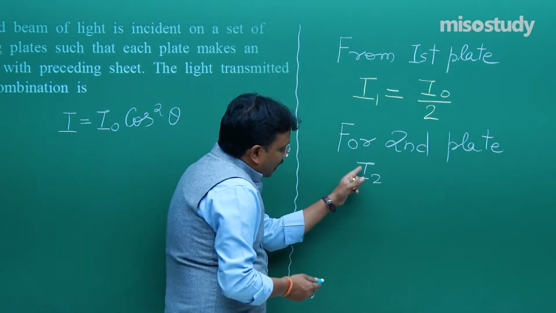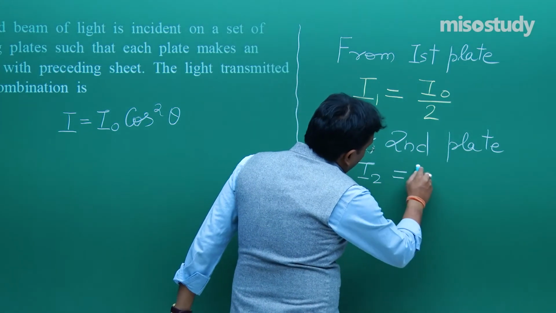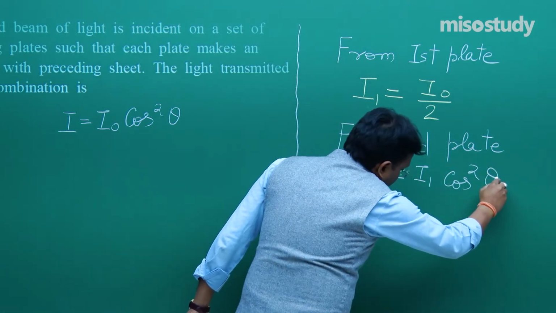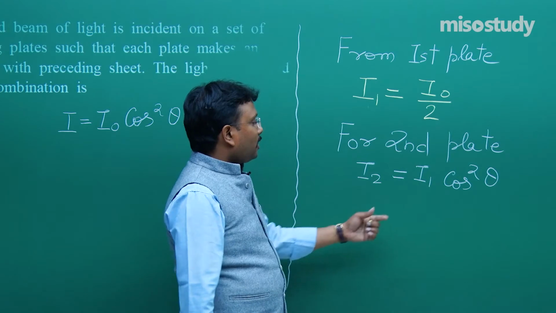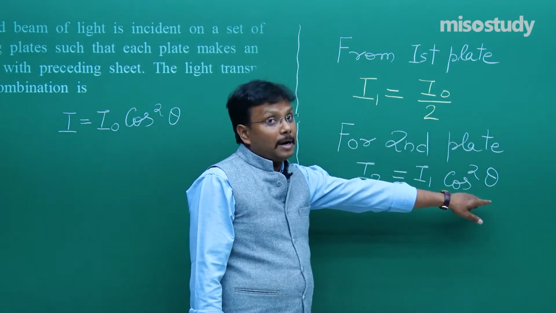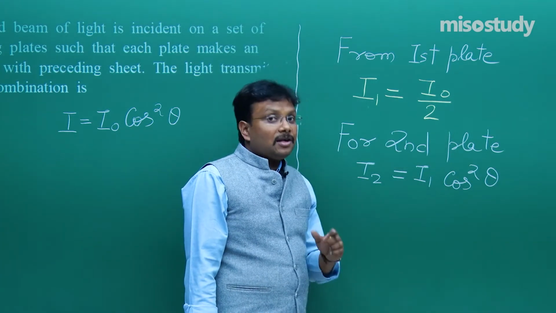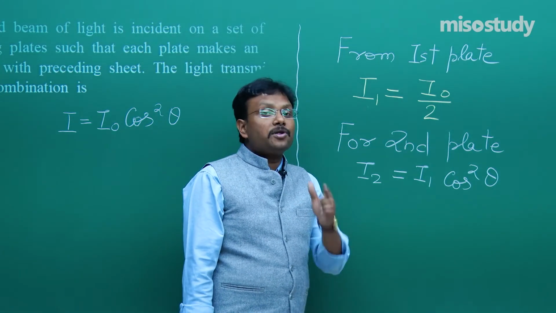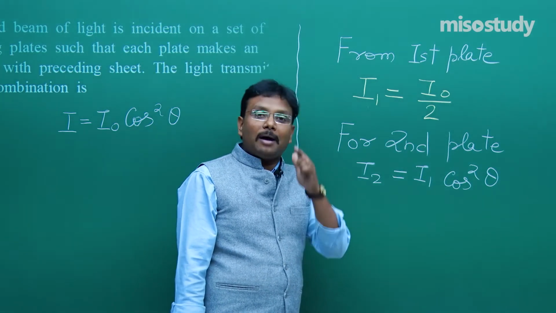Okay. So I2 is equal to I1 cos square theta. Fine. Now what is the value of theta? Pi by 3. Pi by 3 means 60 degree and cos 60 is 1 by 2. So the square of 1 by 2 is 1 by 4.